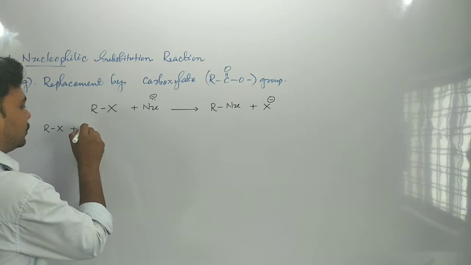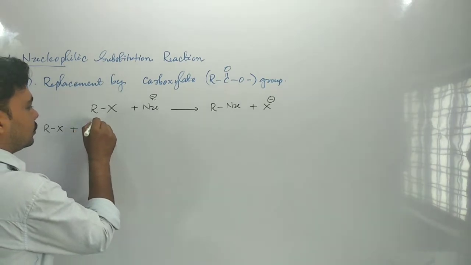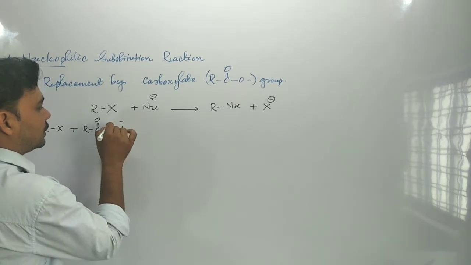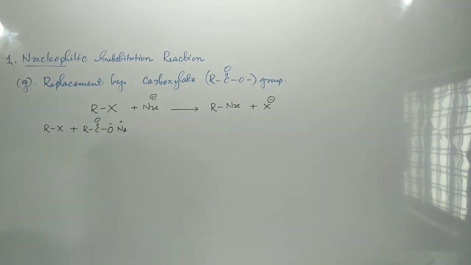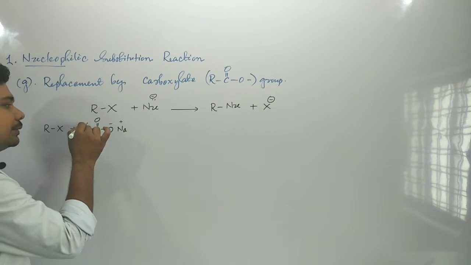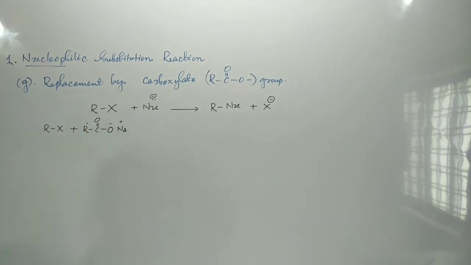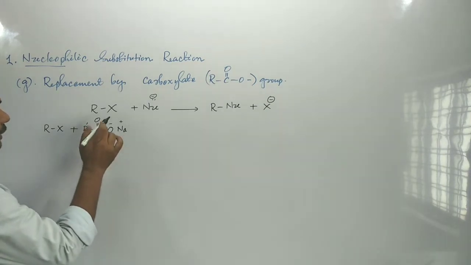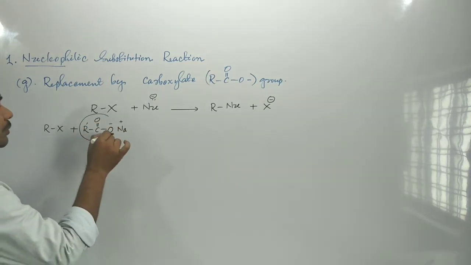This is your salt of carboxylic acid. Let us take the sodium salt of carboxylic acid, RCOONa. Let me represent this R as R dash. So in this reagent you will get this nucleophile, the carboxylate ion.